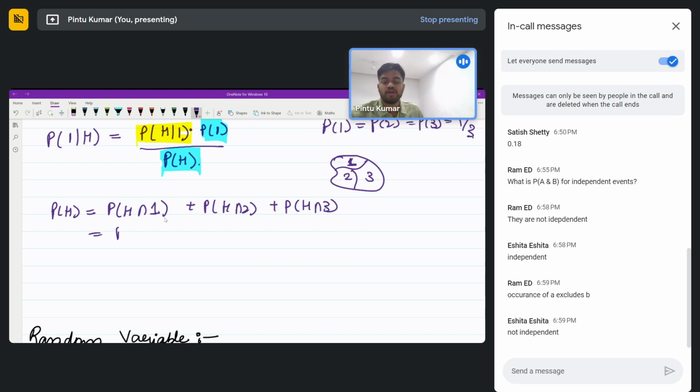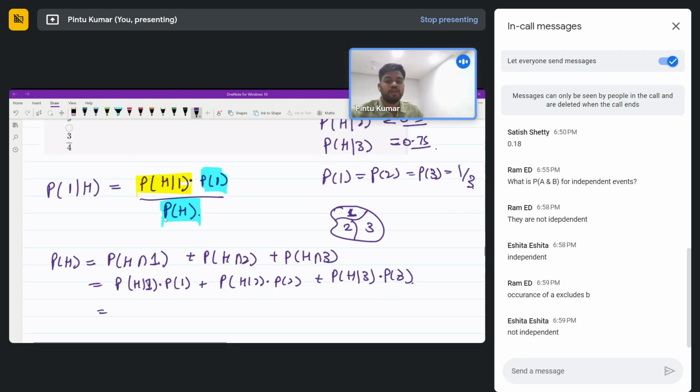This is nothing but using the Bayes formulation. So H given first coin into probability of first coin, plus probability of H given second coin into probability of second coin, plus probability of H given third coin into probability of third coin. Okay, so the first thing that we know is that this is 1, and what is probability of first coin?